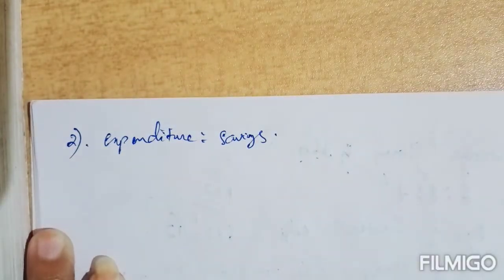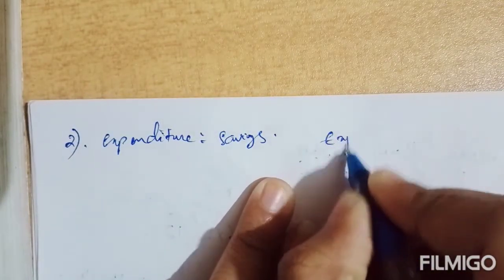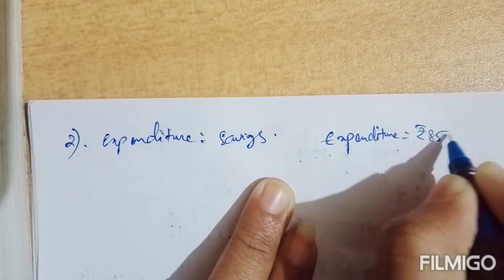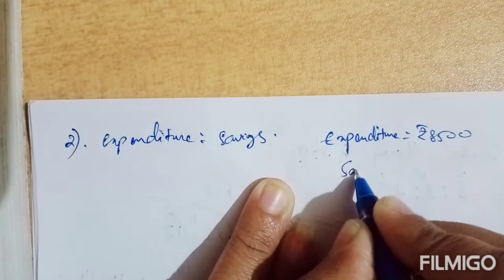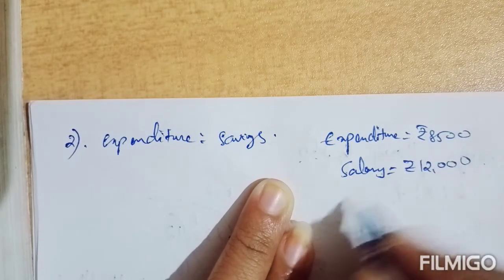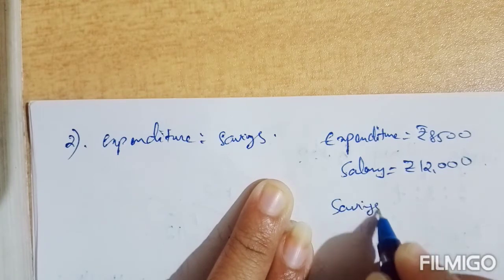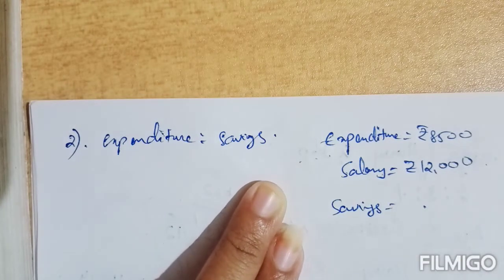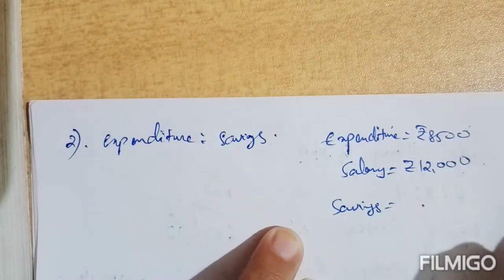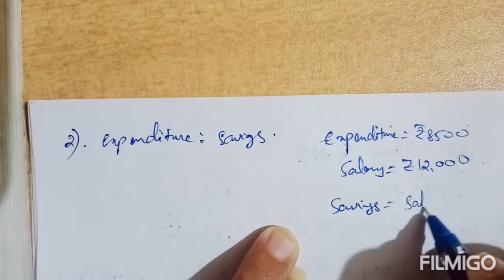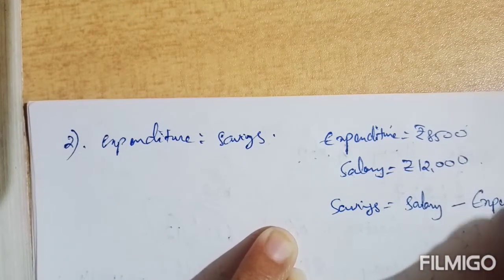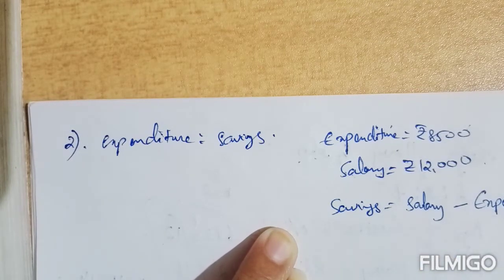Now here in the question, expenditure is given, rupees 8,500, and salary is given, rupees 12,000. From this we can find his savings. How can we find the savings? We know that monthly salary minus expenditure gives the savings.